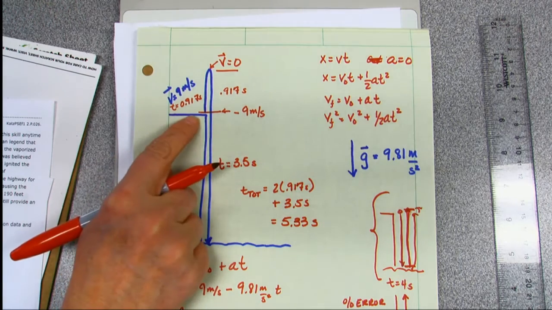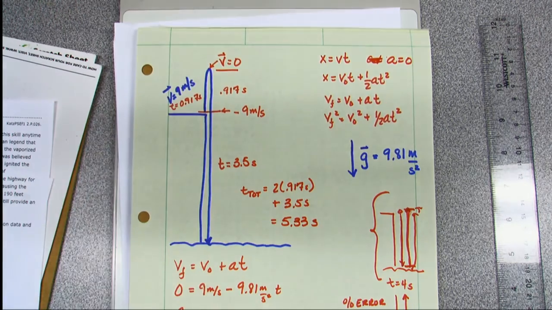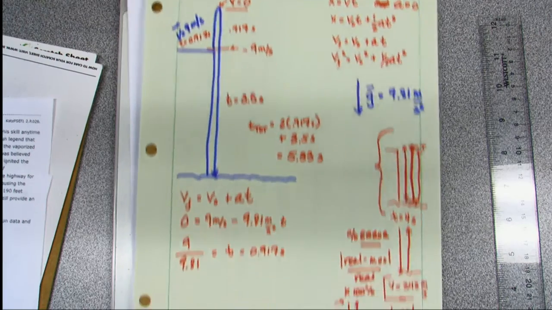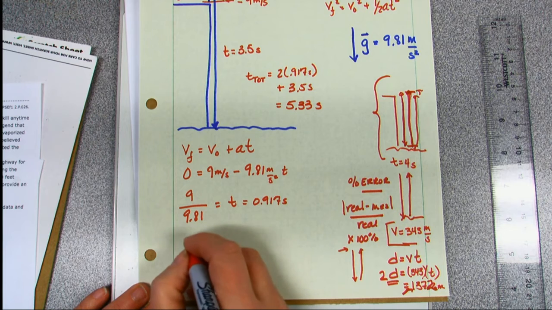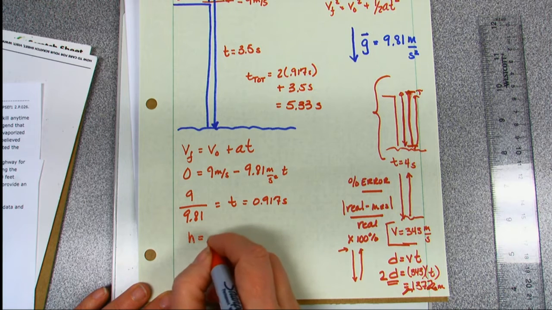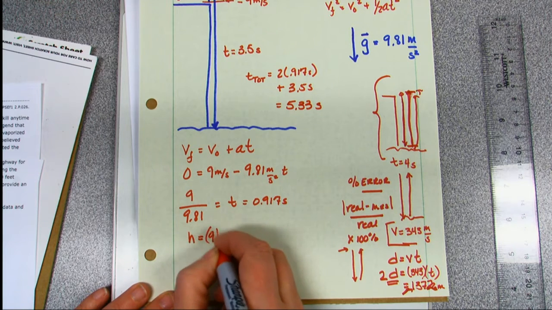We can also find the height from here to there. If I find the height from there to there, h, height, is going to be my initial velocity, 9.